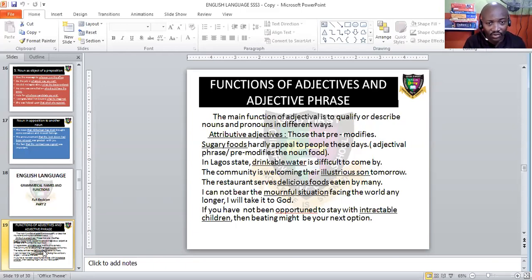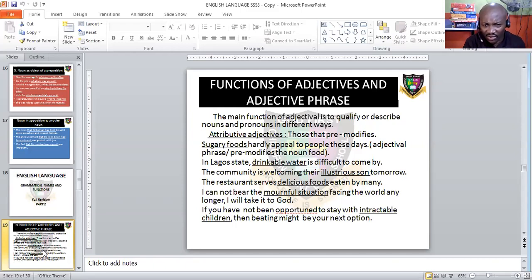In Lagos State, drinkable water is difficult to come by. Drinkable water is an adjectival phrase which pre-modifies the noun water. The community is welcoming their illustrious sons. Illustrious sons here is an adjectival phrase, and illustrious is pre-modifying the noun sons.